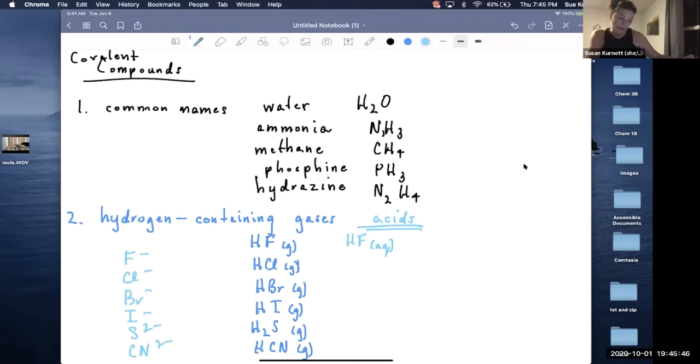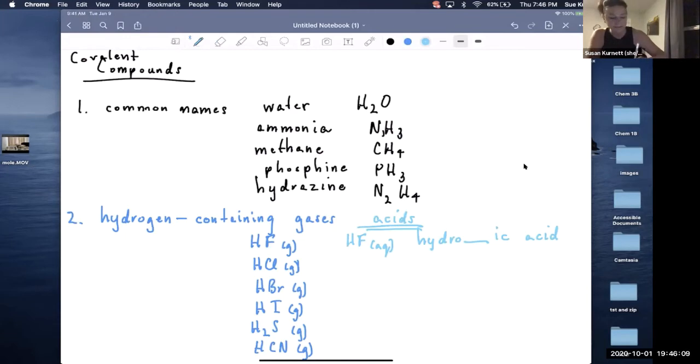They are all ides, and ides make hydro-ic acids. So all 6 of these can behave as acids when put in water, and when they do, they're hydro-ic acids. My ide has hydraulics.